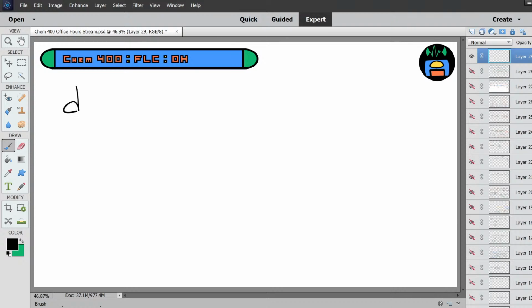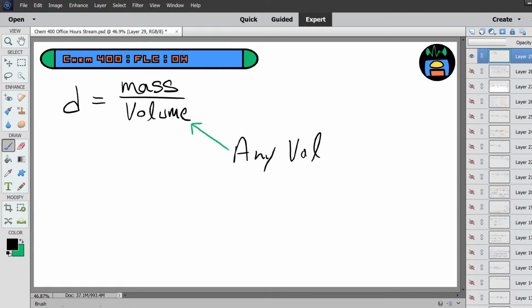Density is a ratio between the mass of a substance and the volume it occupies, and any volume unit is fine. Typically, grams per milliliter is the most common density you see in chemistry, but for gases, because they're airy and light, density is typically reported in grams per liter.